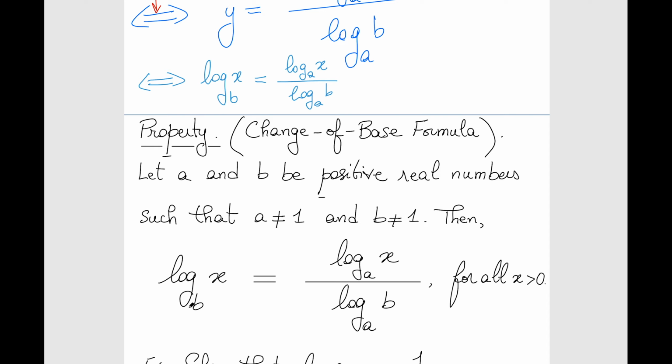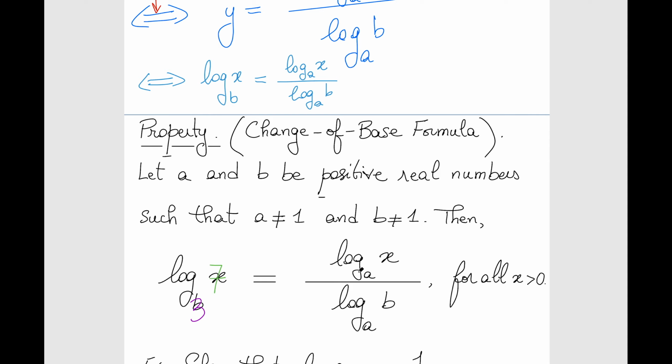Let me say I want to find on the calculator log base 3 of, I don't know, some number, 7, let's say.